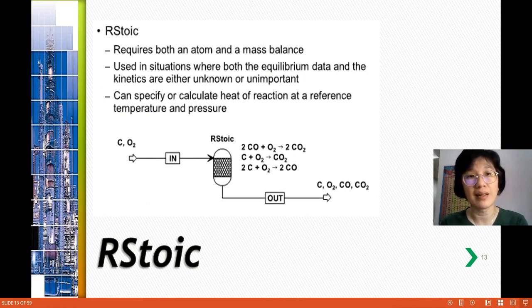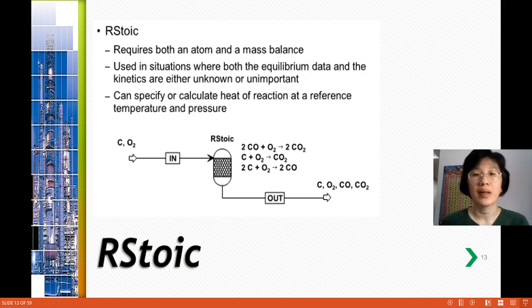This is slightly different from R-Yield just now. R-Yield just requires the mass balance, and it is used when both equilibrium data and kinetic data are not known. Okay? And we can specify or calculate the heat of reaction at a reference temperature and pressure. So this is what R-Stoich can do.